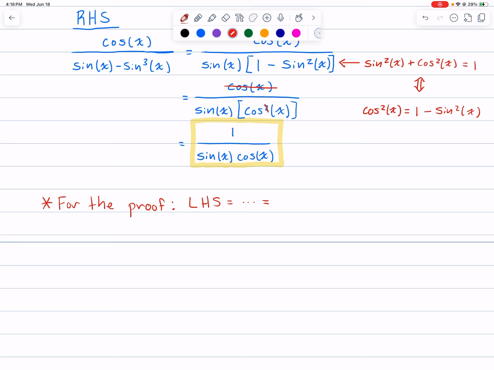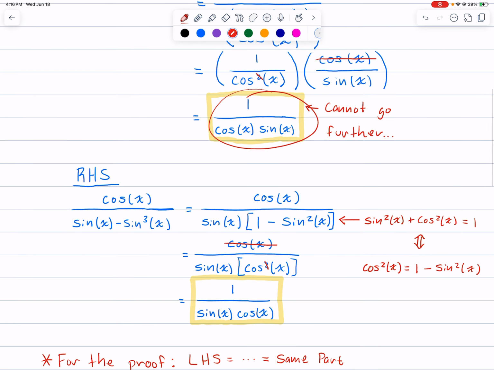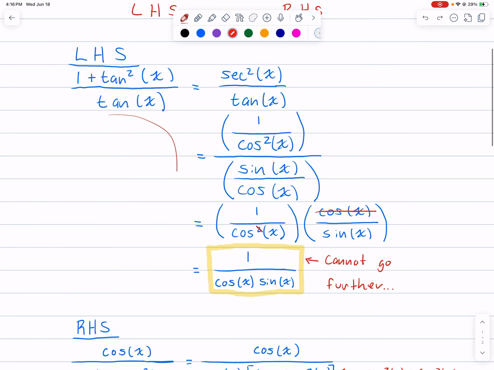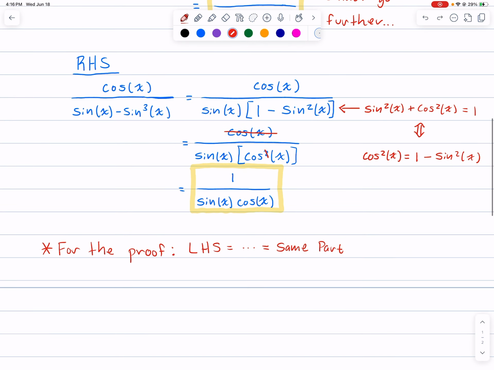So I would say the same thing, the same part that they have, right? They both have this as their same part. So we're going to want to go left-hand side, follow through to the thing that they equal. Same part, blah, blah, blah, to the right-hand side.